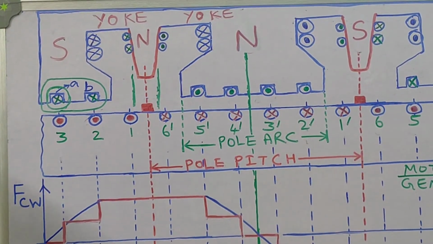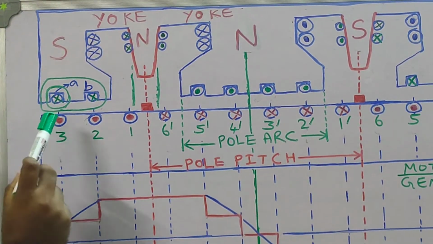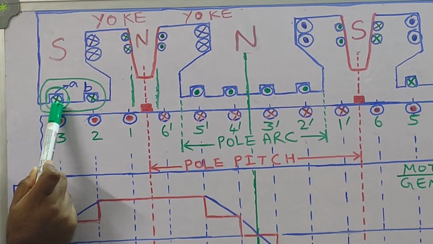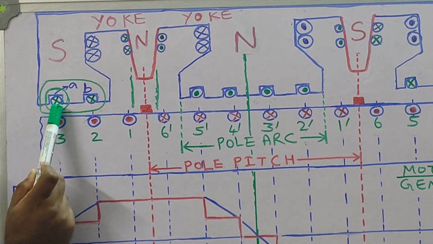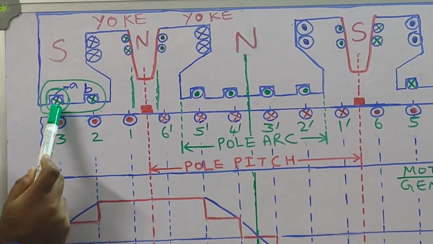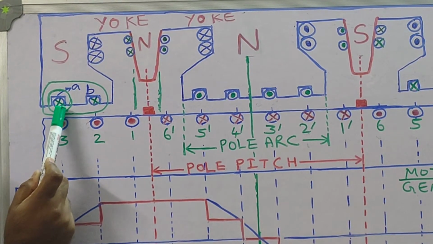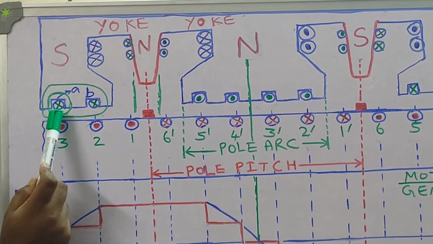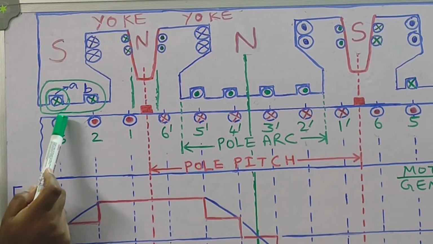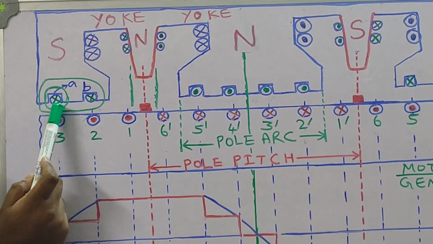Now let us zoom in over here. You see this conductor, let's say the number of conductors is n. If the number of conductors is n here, then it is carrying current Ia, because the compensating winding and the armature winding are connected in series.